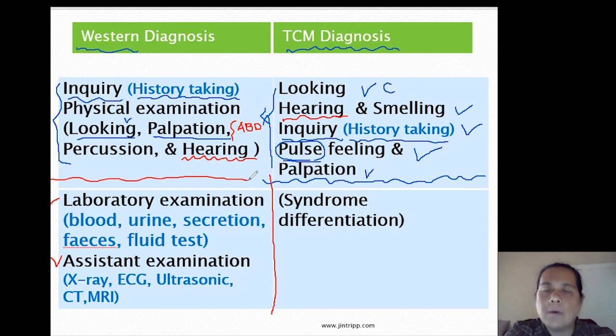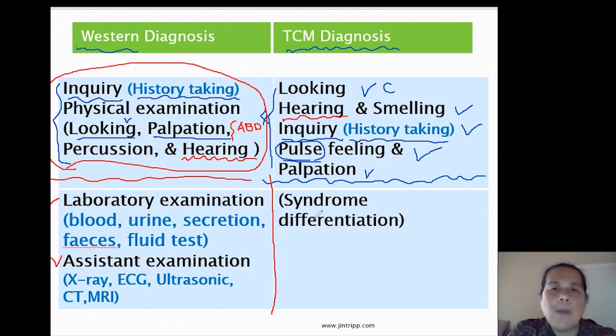We just go to the physical examinations. And for TCM, certainly after picking up the information, then we make the pattern. So generally we talked about the difference between Western diagnosis and TCM diagnosis.